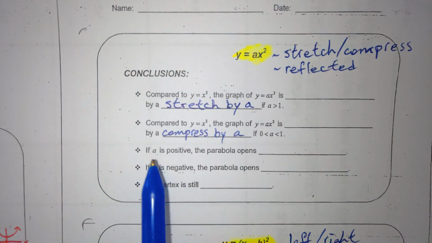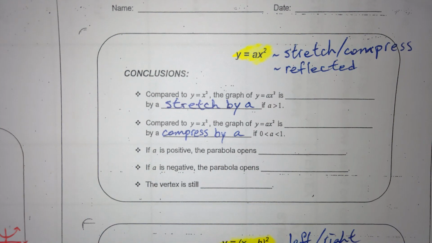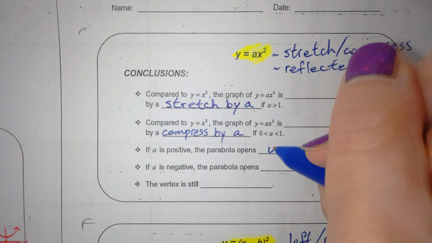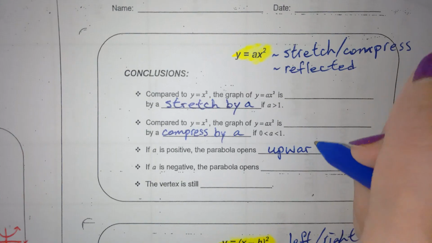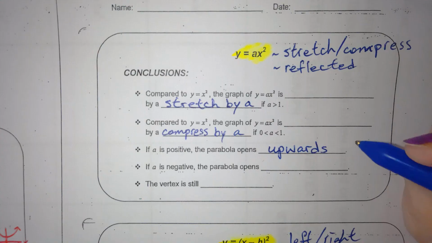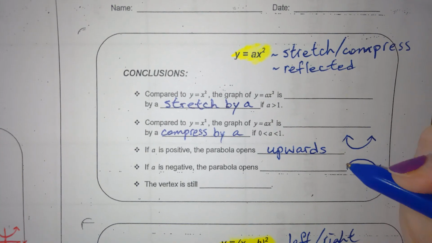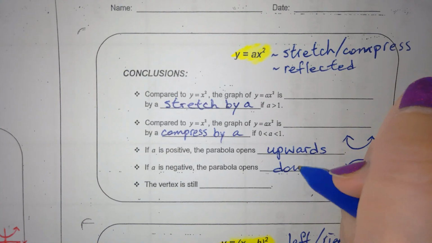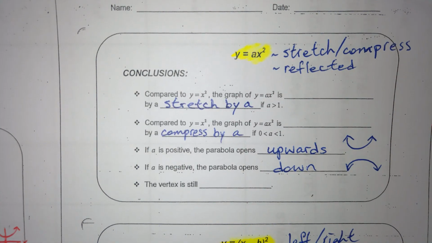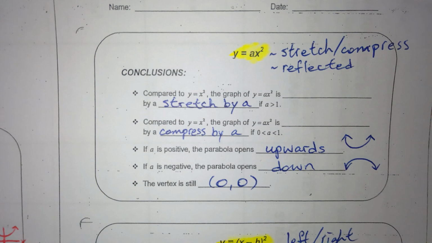And this is the part where Sydney was saying, if a is positive, my parabola opens upwards. Excellent. And if a is negative, it opens downwards like this. But the vertex is still 0, 0 because you're not moving it left, right, up or down.